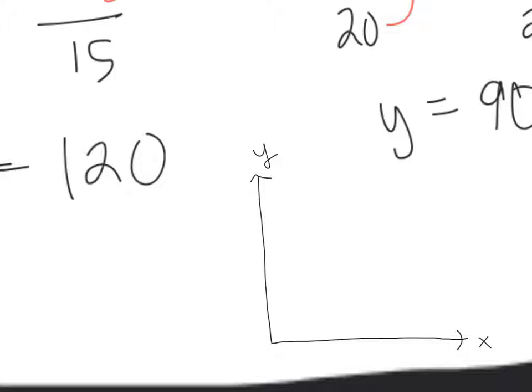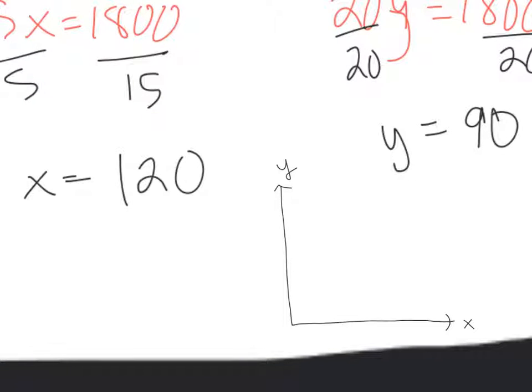Okay, so our x is equal to 120, so I'm just going to count by 40s here. This will be 40. After 40 comes 80. After 80 comes 120. This is my x-intercept, so I can draw that point on the x-axis.